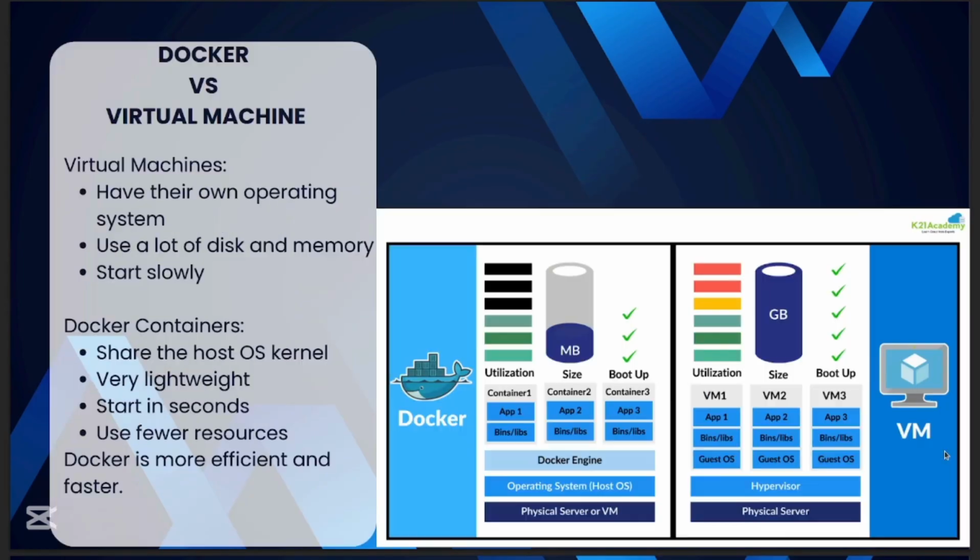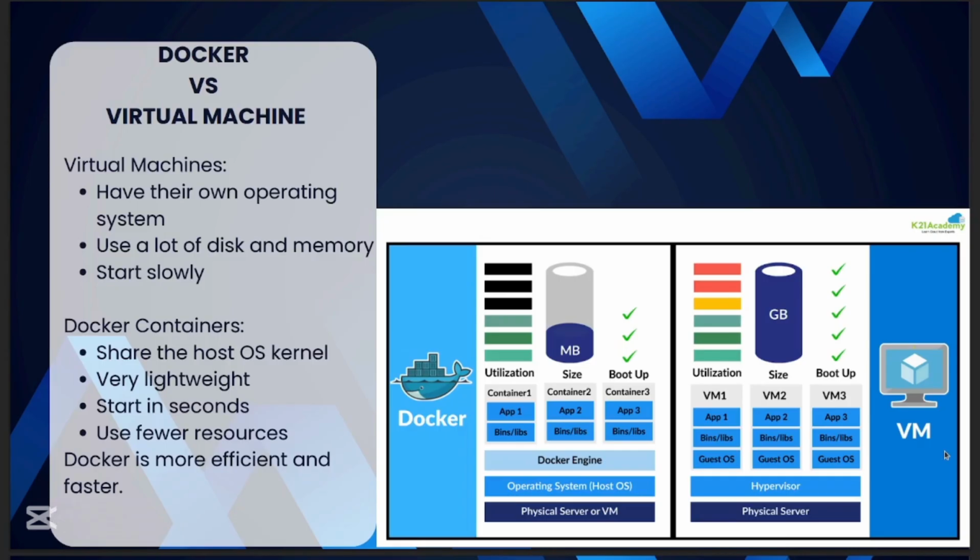Next, Docker and virtual machines. What is the difference? Virtual machines have their own operating system, use a lot of disk and memory, and start slowly. Docker containers share the host OS kernel, are very lightweight, start in seconds, and use fewer resources.